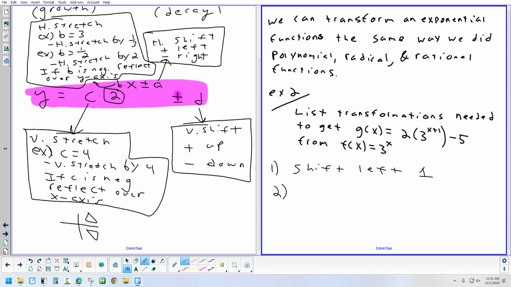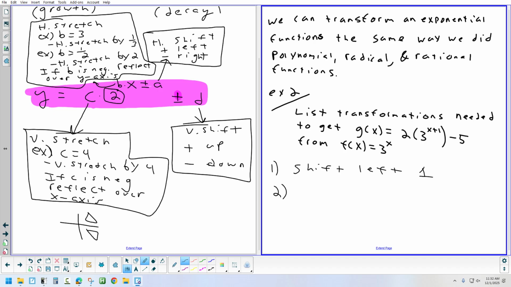So we are going to look at the -5, but not yet. It's a number. So what's the number we're looking at next? The 3 is just the base. So the 3 does not do anything transformational. It's just the base. We're looking at the 2.